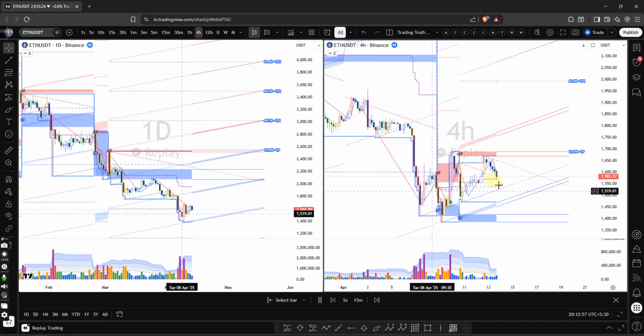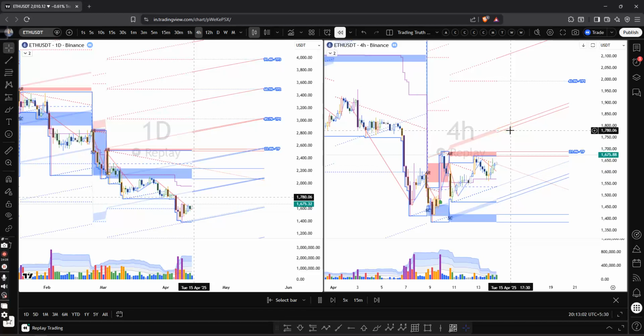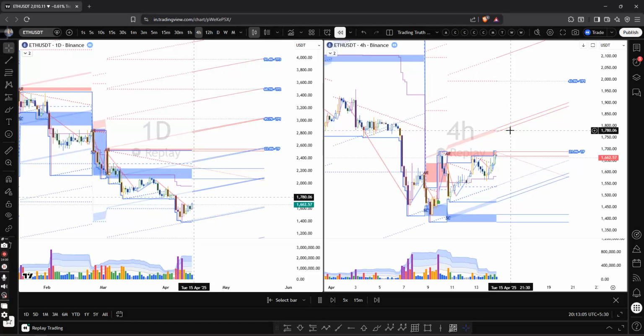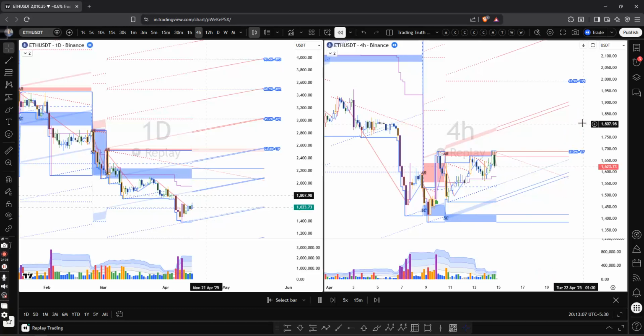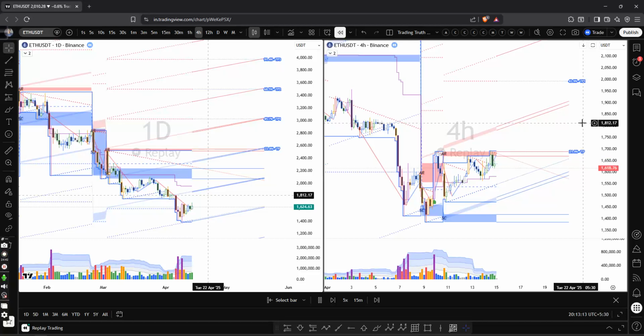You'll see it could come around on this trend line. Resistance got hit. Red line is resistance, blue line is support, guys. That's it.